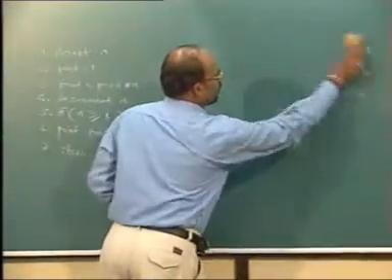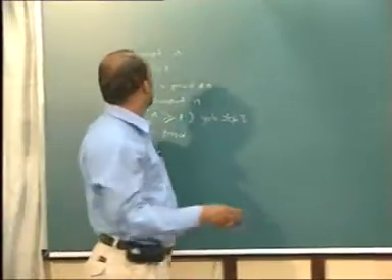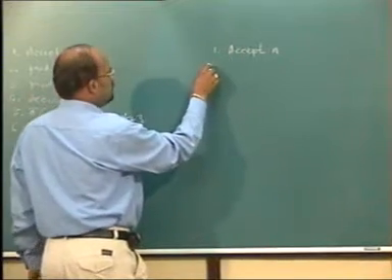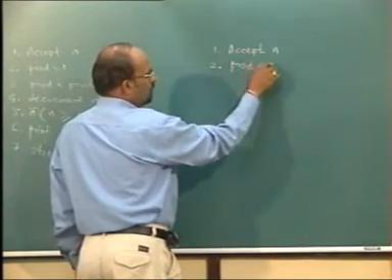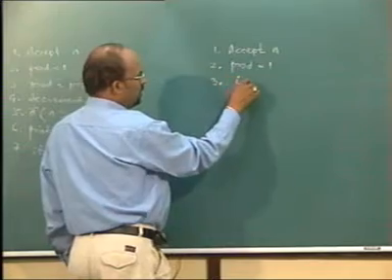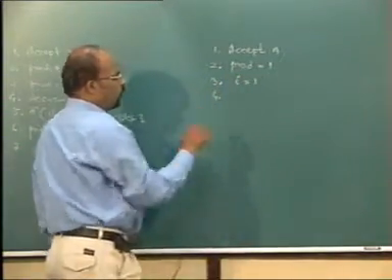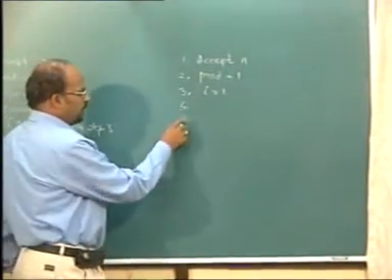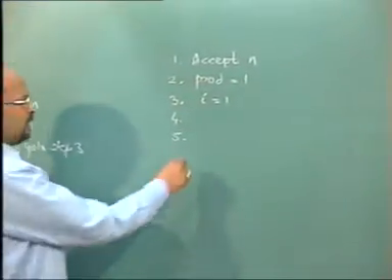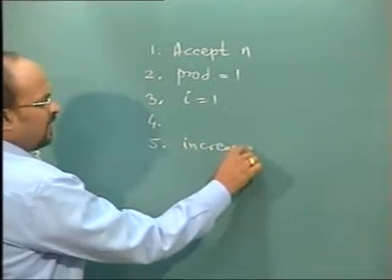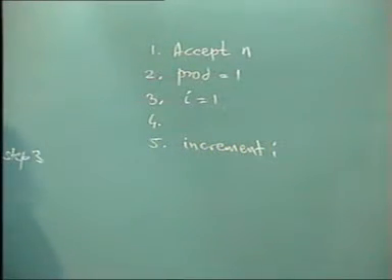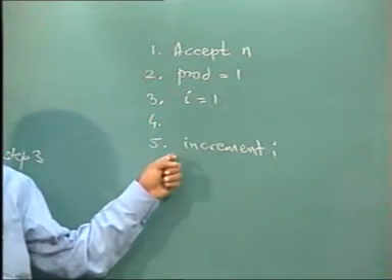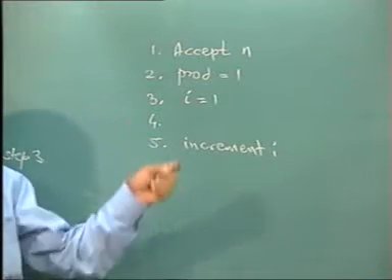Okay, the other option will be to use a separate counter except n. Step 2, product is equal to 1. Step 3, counter is equal to 1. Step 4, step 5, increment I. Whenever we say that we are going to use a counter, it will always be initialized, some processing, increment the counter, and keep on doing this process how many times?